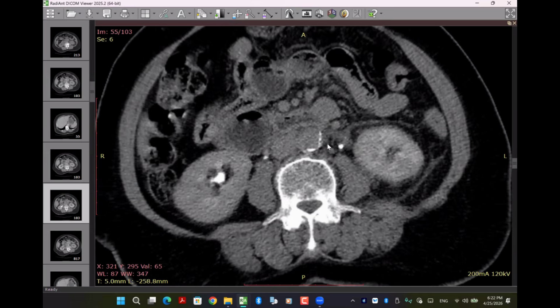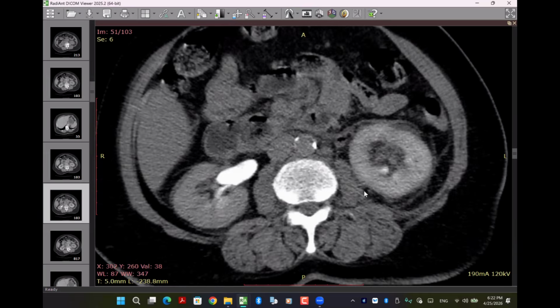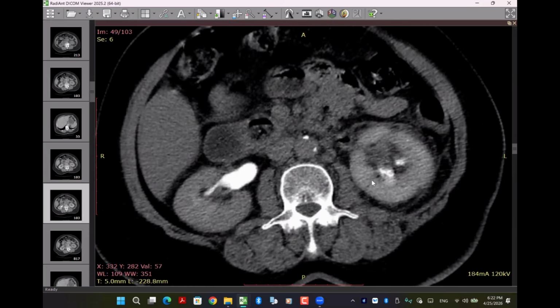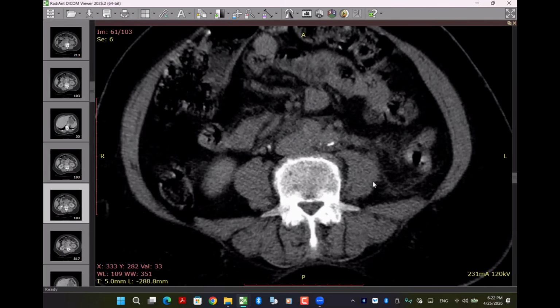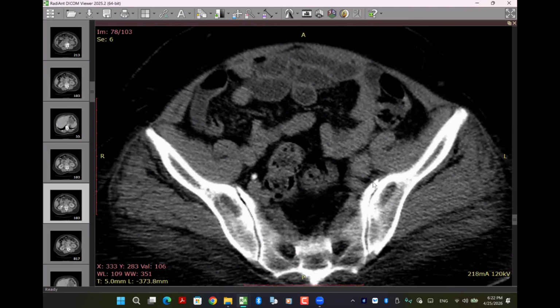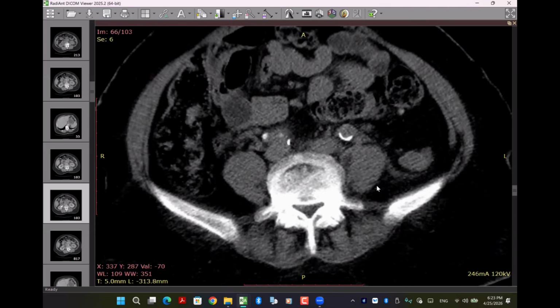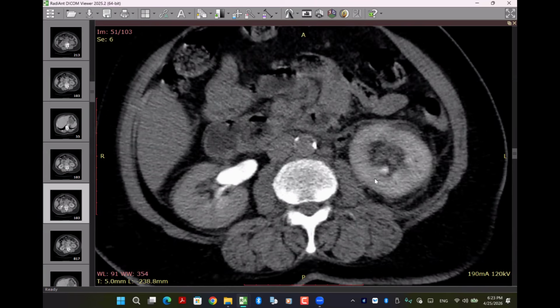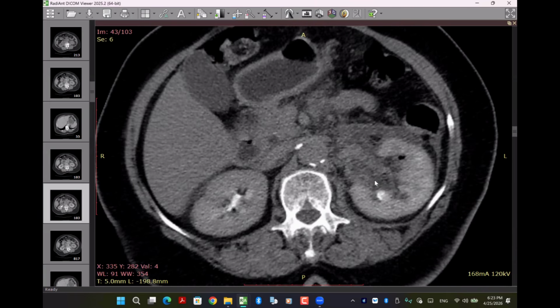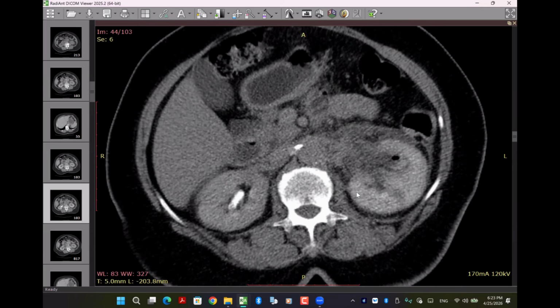The moment you tell him there is an obstructing stone and it is obstructed on the delayed image, we cannot wait for this patient, because there is obstruction leading to emphysematous pyelitis. Emphysematous pyelonephritis or pyelitis has a high mortality. So the patient must be relieved and the kidney must be relieved.